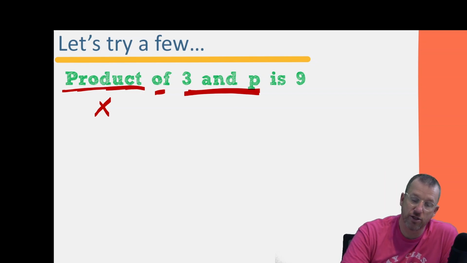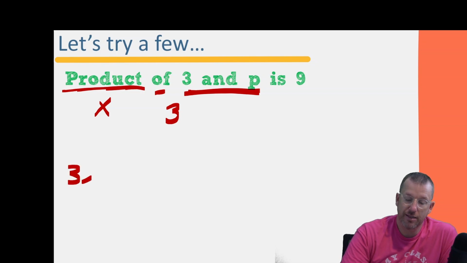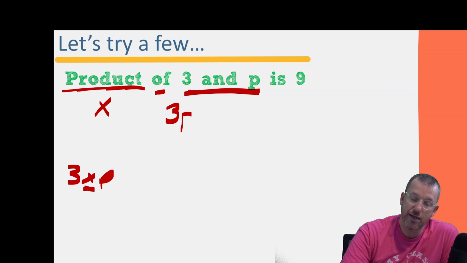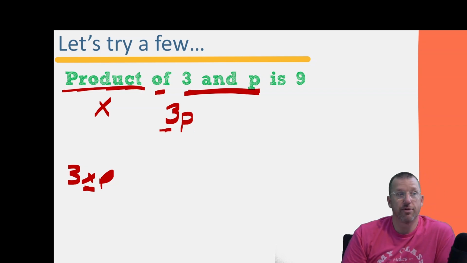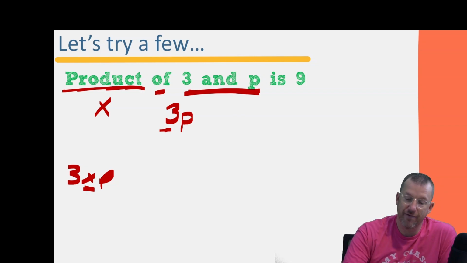In algebra, when you're writing equations, you don't put 3 times P, because P could be a variable. You say 3 and you put the variable right next to it. The coefficient goes first, which is a number that we're multiplying by a variable. So we say 3P. And then we say it is 9.